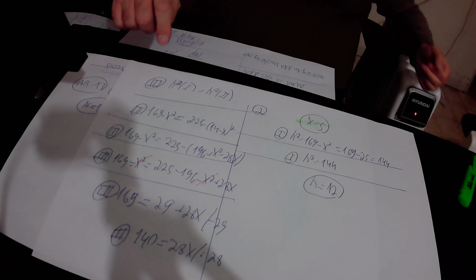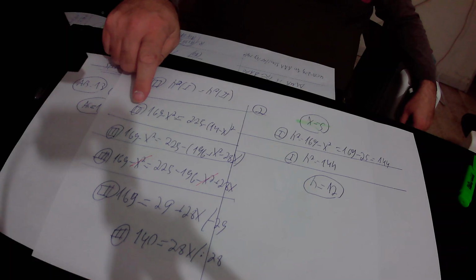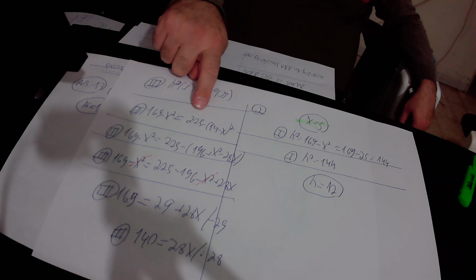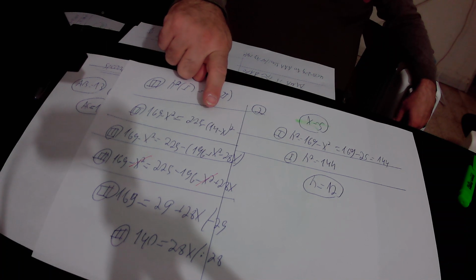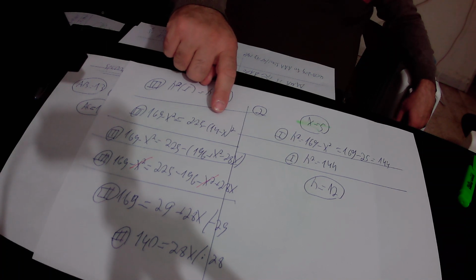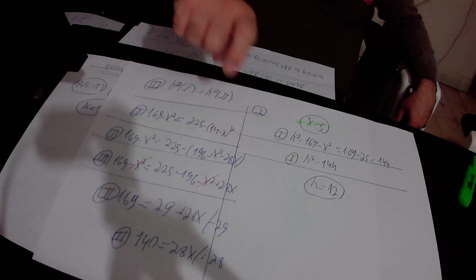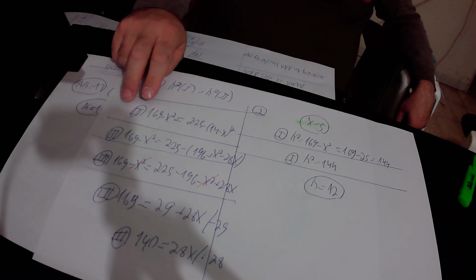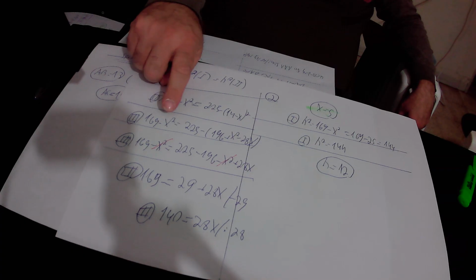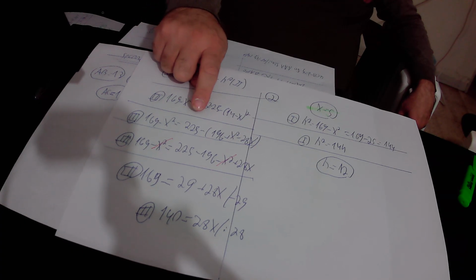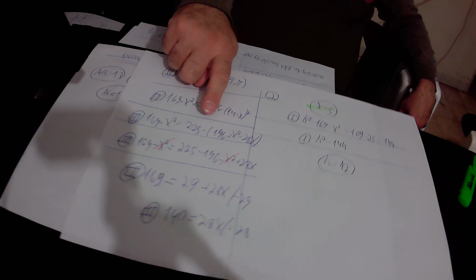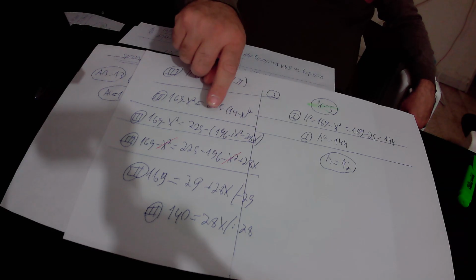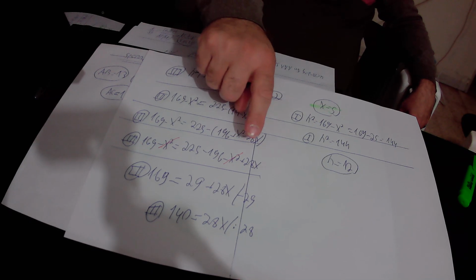So according to equation number 3, we have found out that 169 minus x squared equals 225 minus (14 minus x) squared. Expanding, (14 minus x) squared equals 14 squared, that is 196, plus x squared minus 2 times 14x, that is minus 28x. So 169 minus x squared equals 225. We open the brackets here. After we open the brackets, we get minus 196 minus x squared, minus times minus is plus, so it is plus 28x.